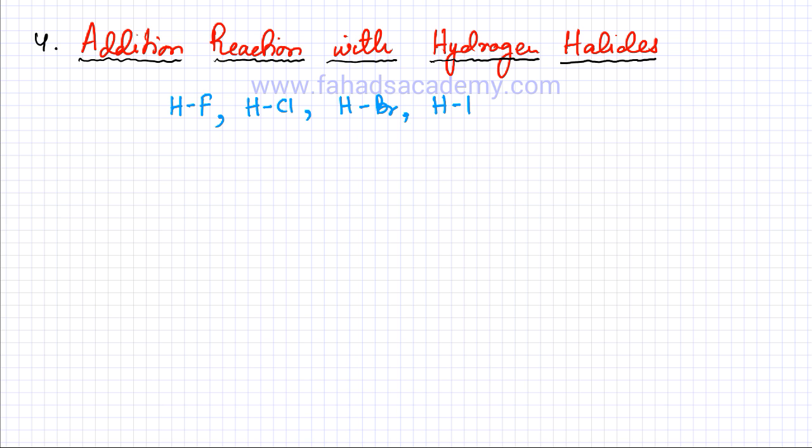The reactions are exactly the same, and I'm going to give you an example of the reaction. Again, I'm going to take the simplest alkene. We have ethene, and this ethene is going to react with, let's say, HCl.